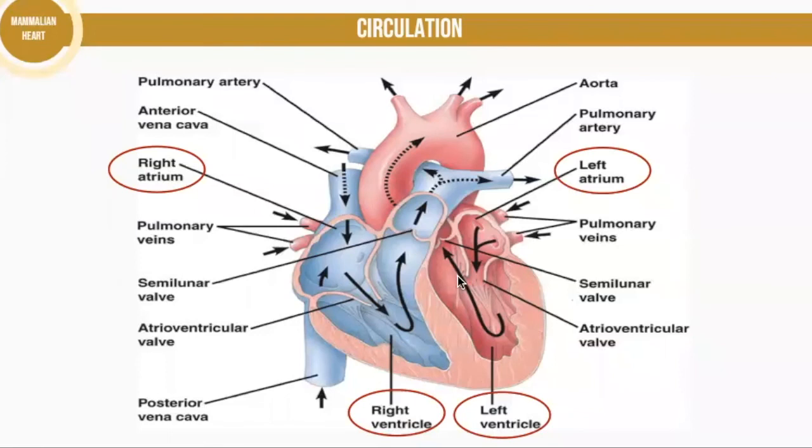To prevent the blood from going back to the left ventricle, again, we have a valve here, which is also a semilunar valve, but specifically this is the aortic semilunar valve.